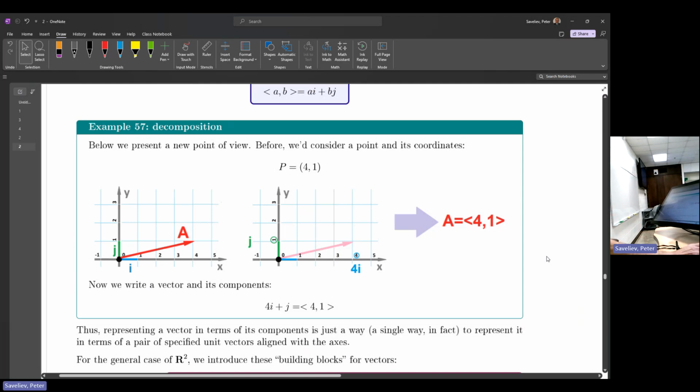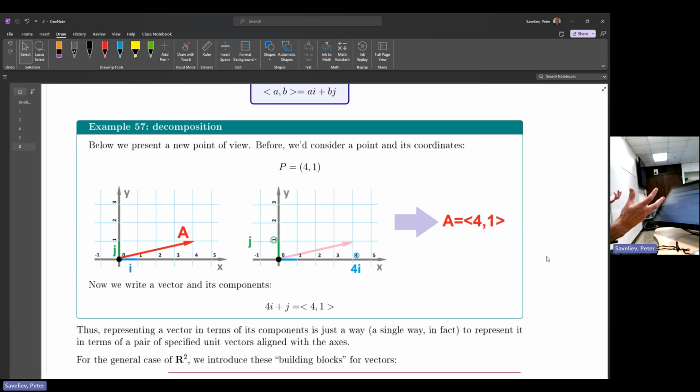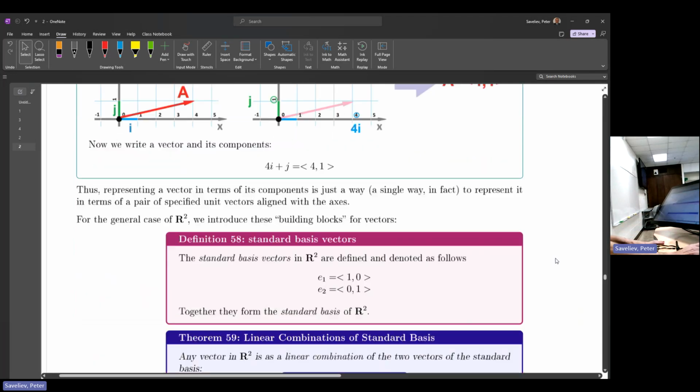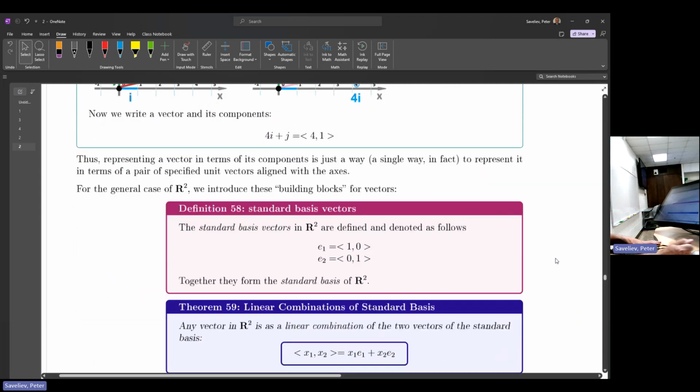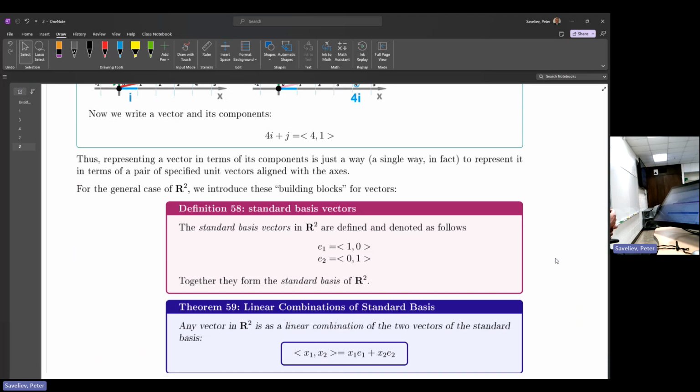Okay, so they are like building blocks of vectors, and you just need as many of the first kind plus as many of the second as necessary. Some of them can be negative if you want to point in the opposite direction, and that's all there is. This is called the standard basis of the plane R².